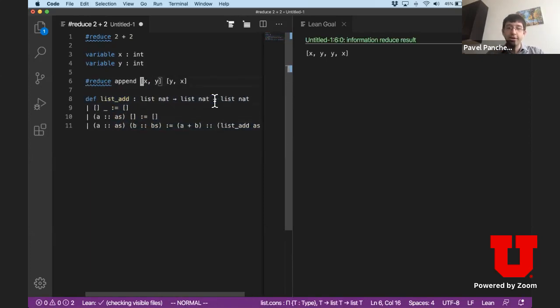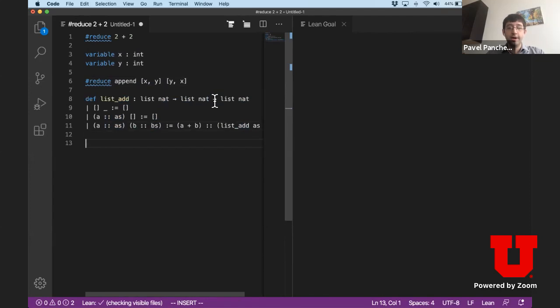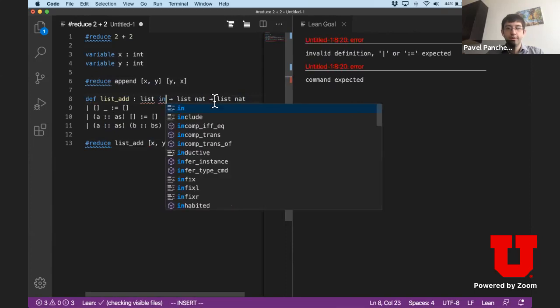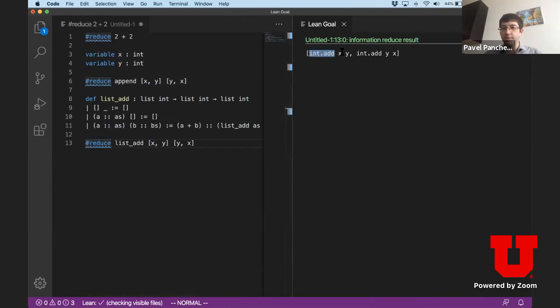And if we think of these lists as lists of coefficients, then you can even see how this is adding 2 multi-digit numbers. And now I can ask reduce list add x, y, y, x. Of course, these are ints. And you can see that Lean has gone ahead and computed each element of the resulting list as best it can.